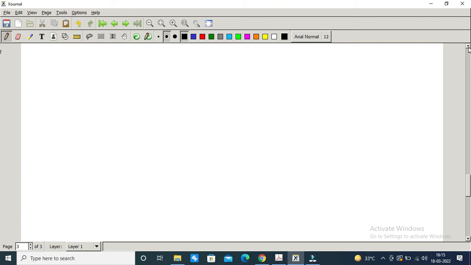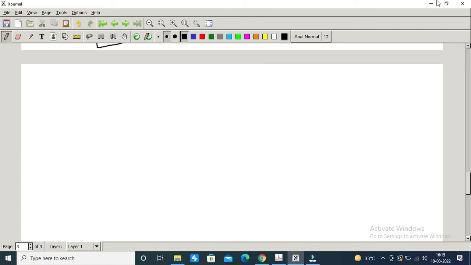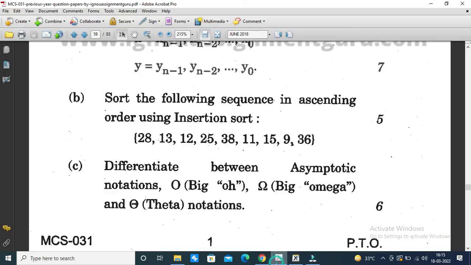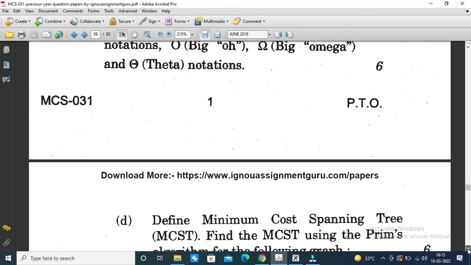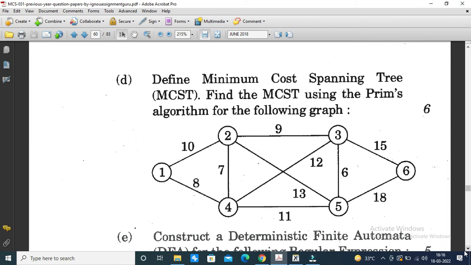Okay, now the next question that they have asked in your exams is this: minimum cost spanning tree, right? Using Prim's algorithm for the following graph. But they have also asked you to define minimum cost spanning tree.